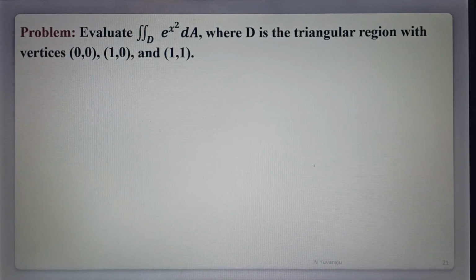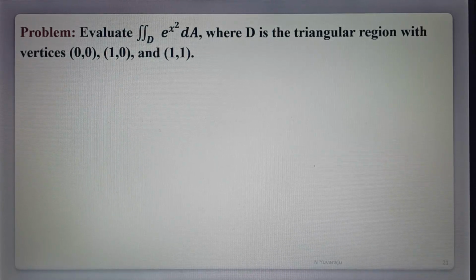So next example: evaluate the integration over D of e power x square dA, where D is the triangular region with vertices 0, 0, 1, 0 and 1, 1. So the region is a triangular region, and in that region we have to find the integration of the given function e power x square.